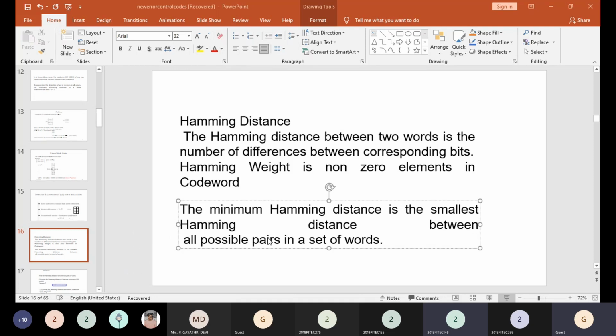The XOR of two messages will result in the next message.